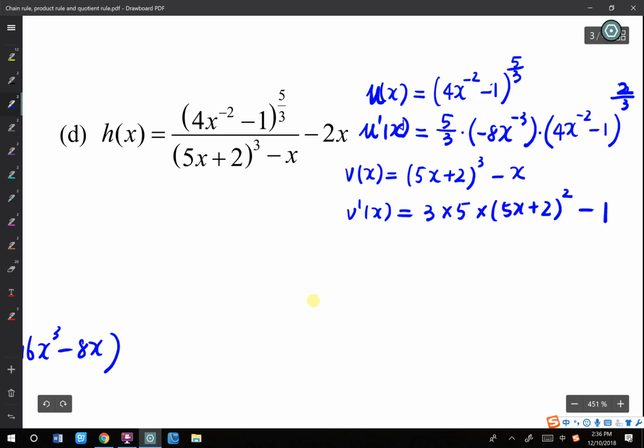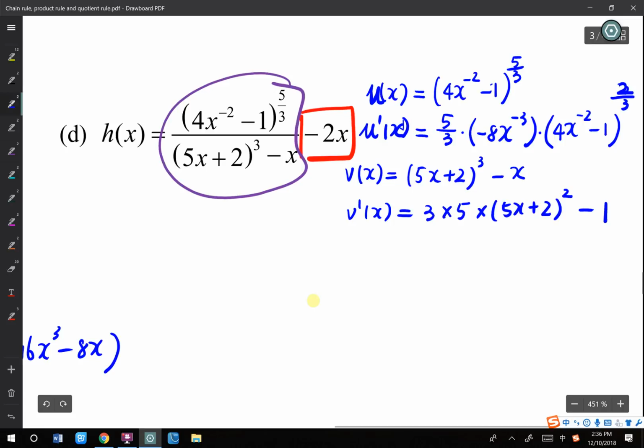But I haven't included this minus 2x yet. I have nothing to do with this minus 2x because it's not even in the fraction. So we separately derive the first part, minus 2x, like that's the second part of the derivative. So I'm just thinking about the derivative of this whole fraction now. So I have my u(x), I have my v(x). My v dash x, there's a minus 1 as well.